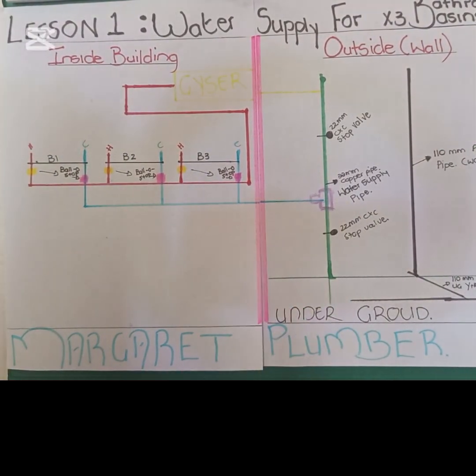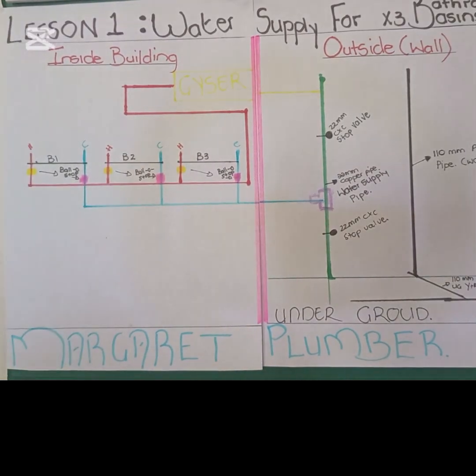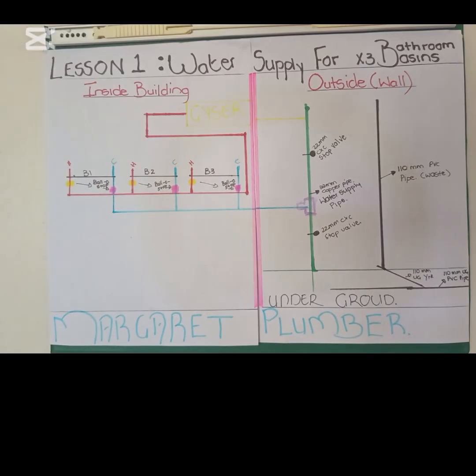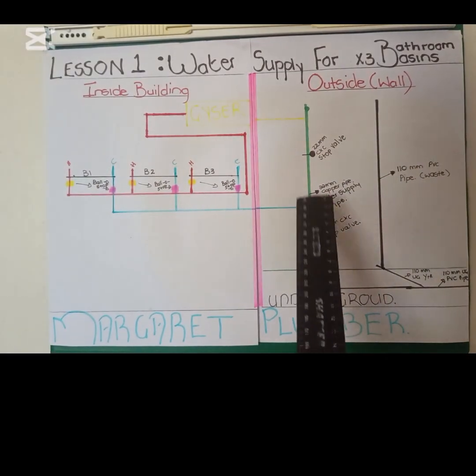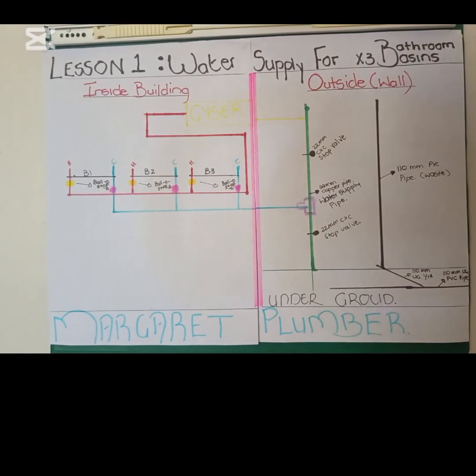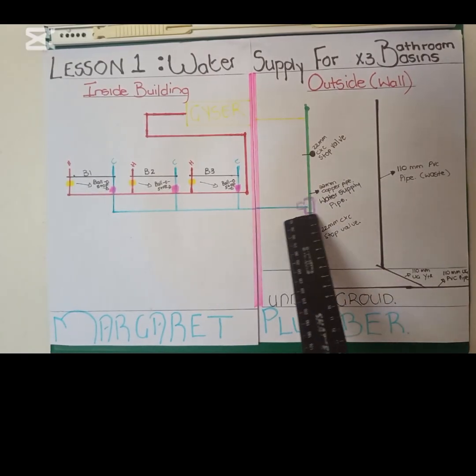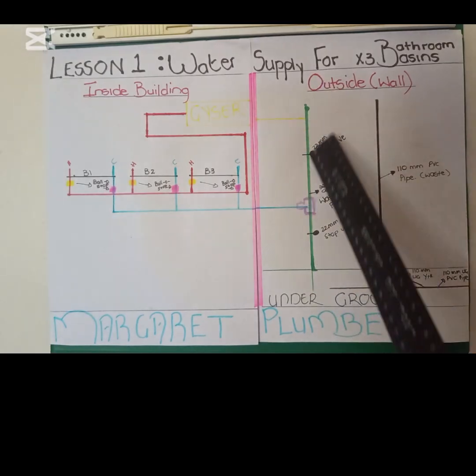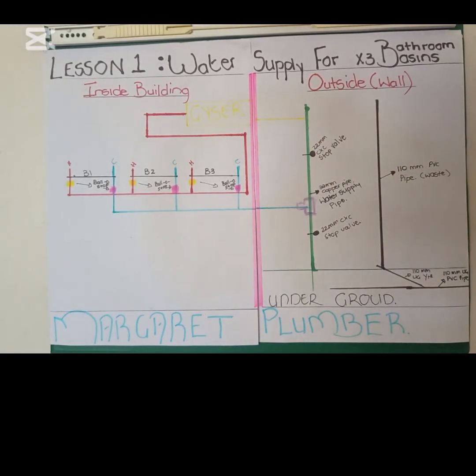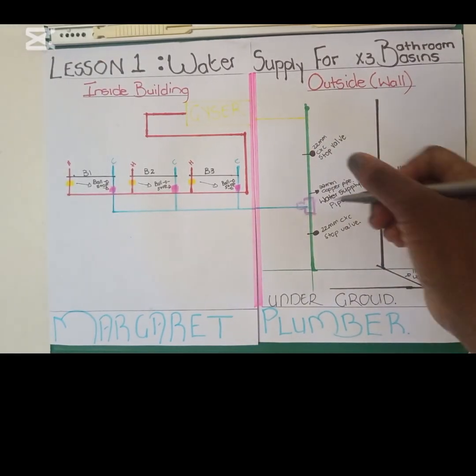This T is a reduced T. Let me just make it more visible for you. Okay. So as you can see, I placed this T here, and this is a reduced T. Okay, we are coming from a 22 millimeter pipe. We're going in with 15.